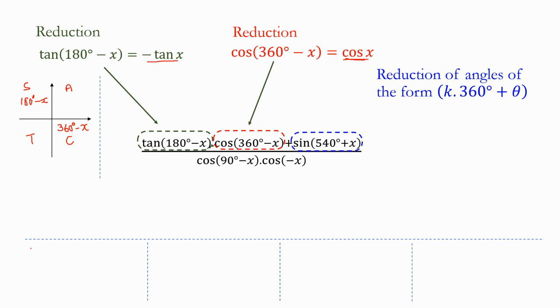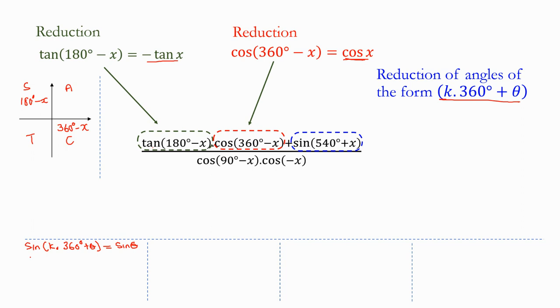So sine(k times 360 degrees plus theta) is equal to sine theta. Okay, just know that. Now let me use the 540, and then I'm going to give you another example with a bigger one, maybe say 900.